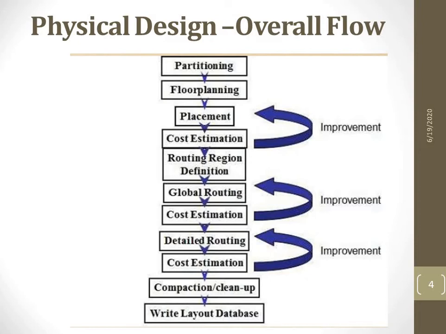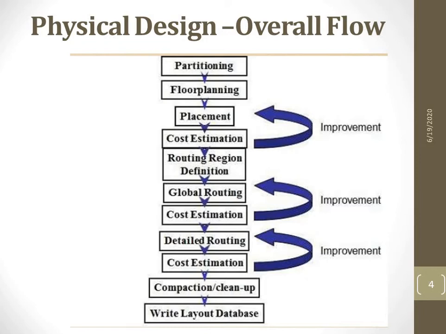Next comes the floor planning. Floor planning is a must, so that where to place and which block to place, whether that place is suitable or not in that particular area will be done in the floor planning. Once the floor planning is done, then comes the placement, placing of these blocks.